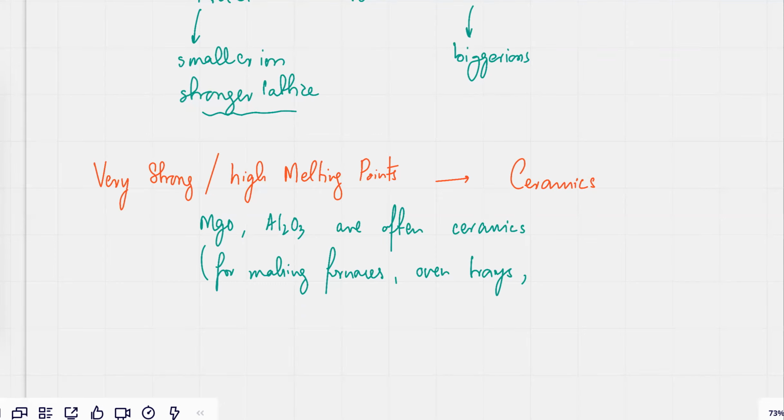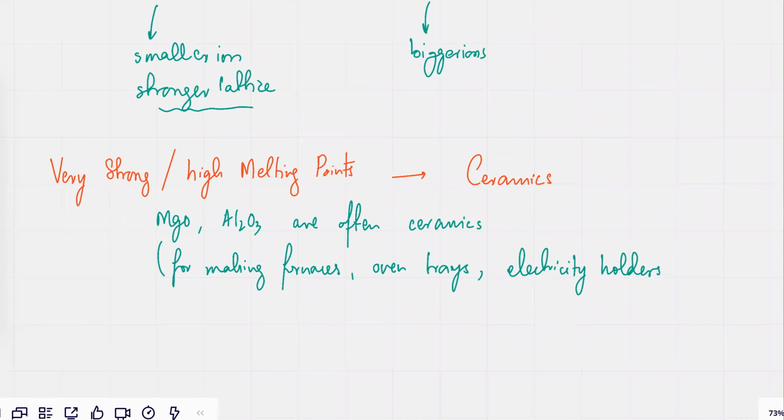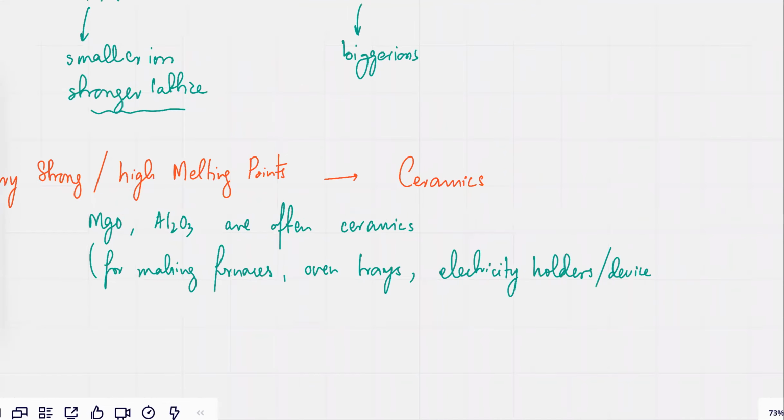They need to be tough, strong, and have very high melting points. Electricity holders, or device covers, are made from ceramics.